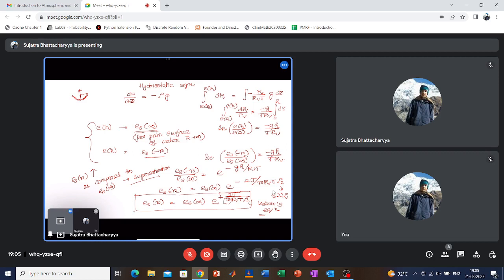Now as R tends to infinity, you can see this term is 1, because e to the power 0 is 1. Therefore, Es of R will be equal to Es of infinity, which is true, that is the plane surface of pure water. Simple.